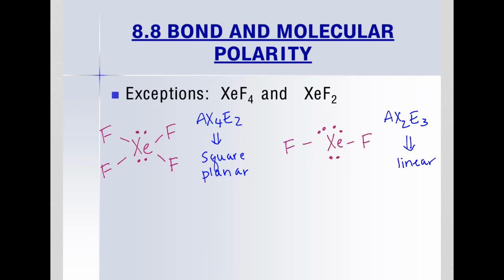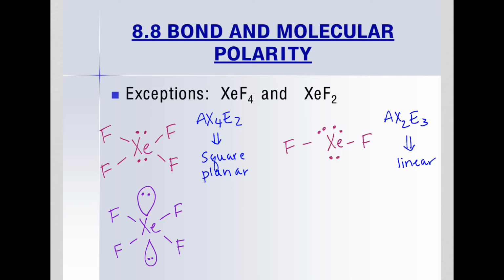But if we think about what these actually look like in 3D, I'm going to try my best to sketch these here for you. If we think about what these look like in 3D, these fluorines would all cancel each other out because they're all essentially divided into four partitions of a grid here. So they're all 90 degrees from each other. But our lone pairs of electrons, one's going to be coming out of the top of our structure, the other is going to be coming across the bottom.